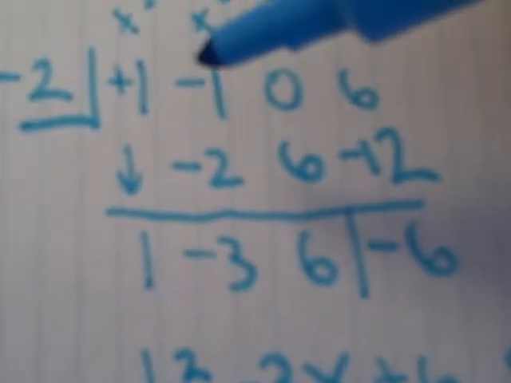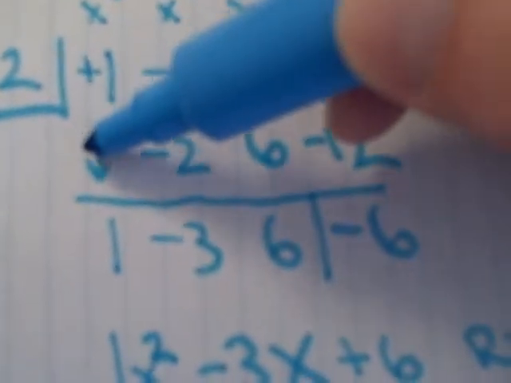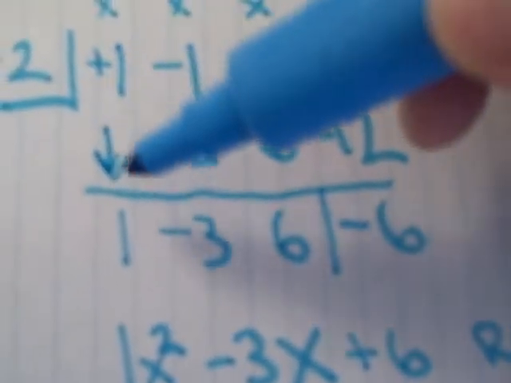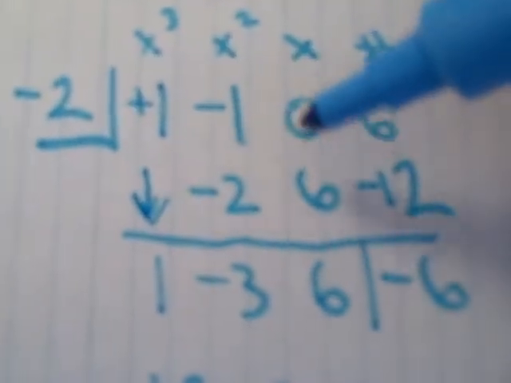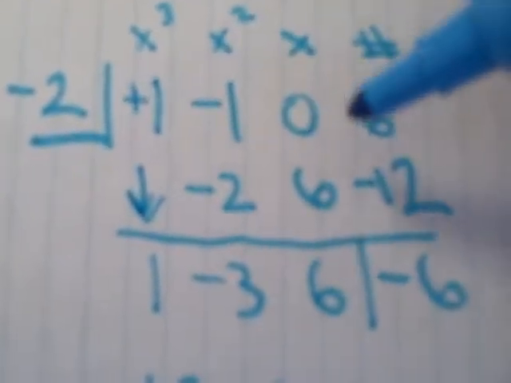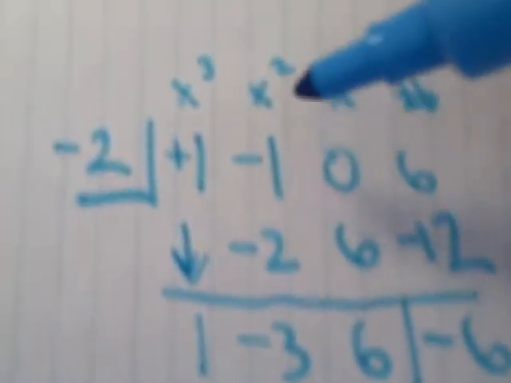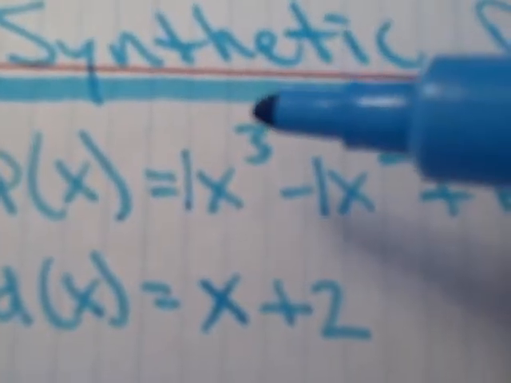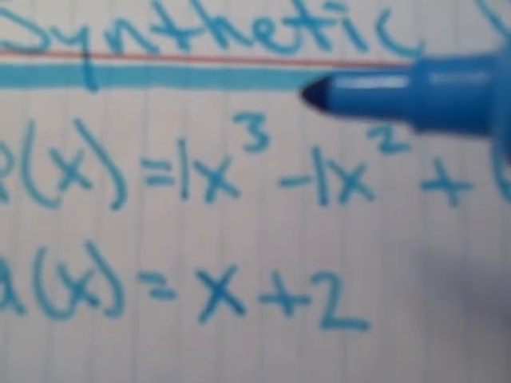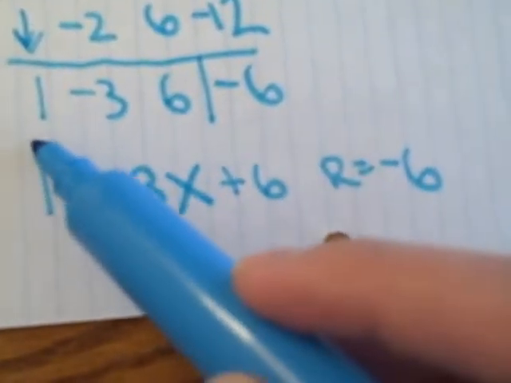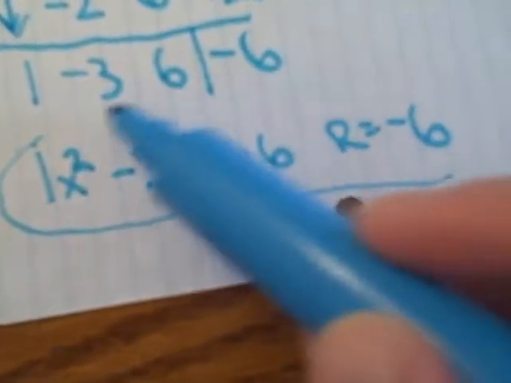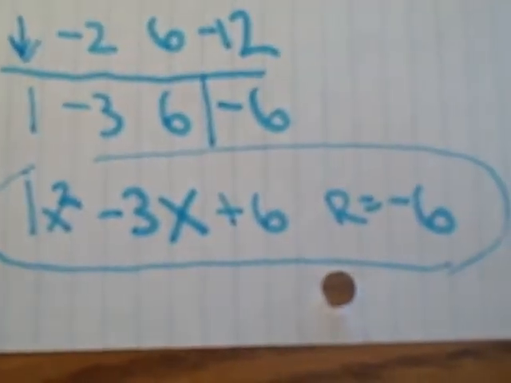And another simple rule is to make sure you just bring down your first number and then multiply and then add. Multiply and then add. And then with your answer, you have to make sure you bring it down 1 degree from the starting degree. So since the starting degree was 3, our new degree would start at 2, and then 1, number, and then the remainder. So this would be your answer.